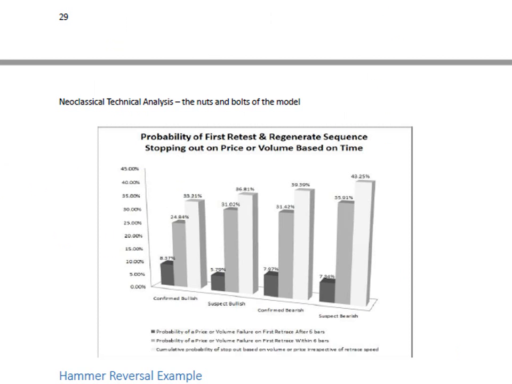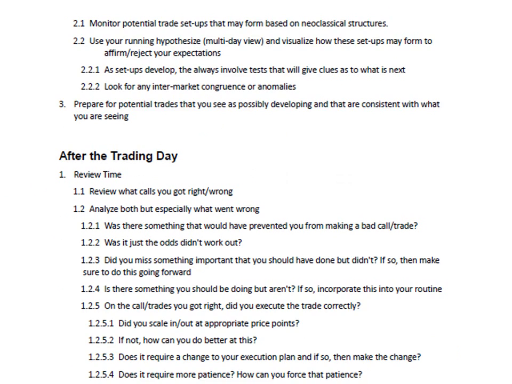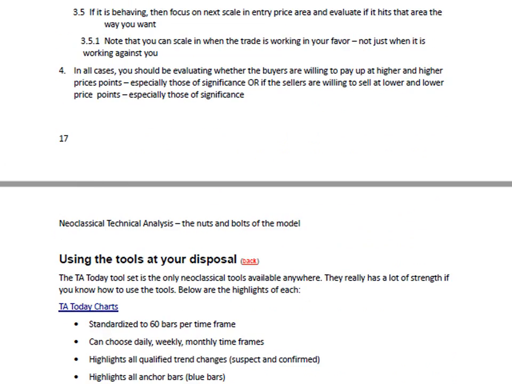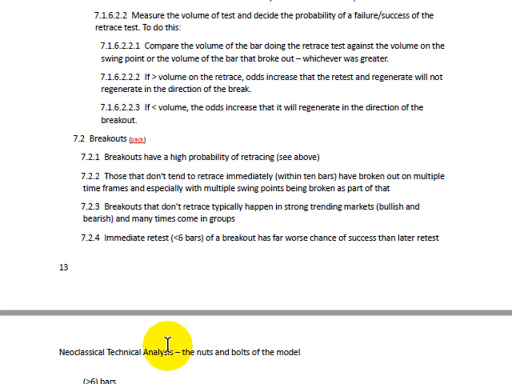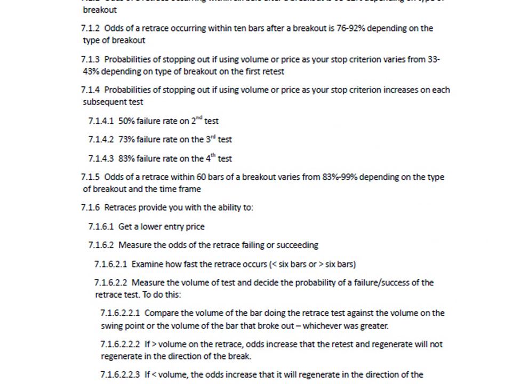And we can go through all of these, but you'll see what I'm talking about, that the statistics are there. You just need to use those statistics to make wise decisions, and it's fairly simple concepts. Because we've broken it down to retest and regenerates and breakouts, only 2 types of trades.